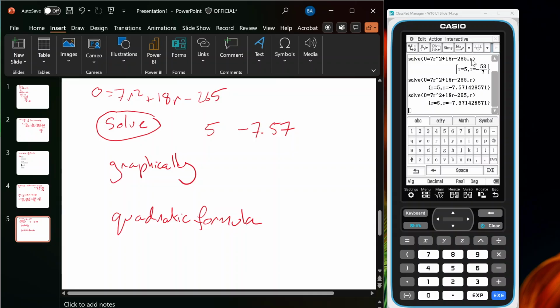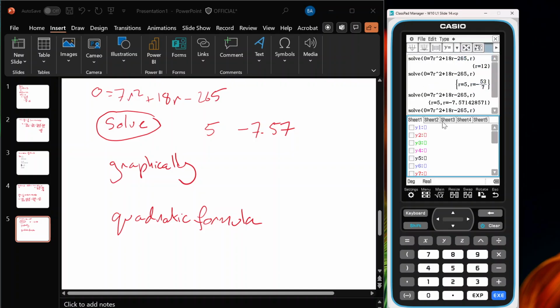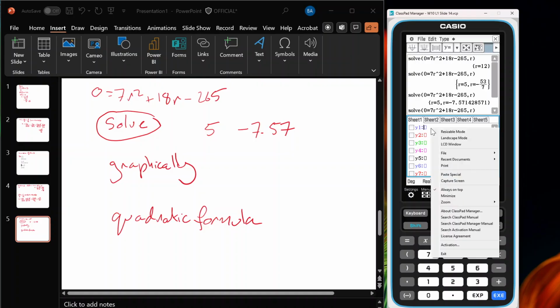So the other way we can do this is graphically. So what I'm going to do is I'm actually going to copy that. I'm going to go edit, copy, and then I'm going to go to my list of functions, and I'm going to paste it in there.